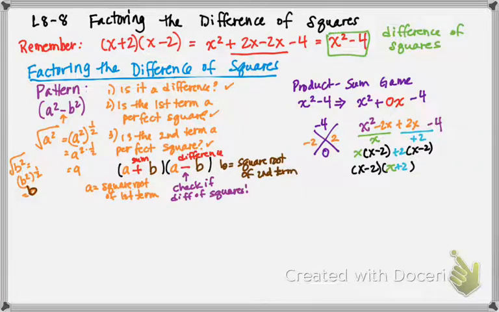Okay, so if you recognize it is a difference, the first term's a perfect square, the second term's a perfect square, so I'm going to take the square root of the first term, put it in front of both binomials. I'm going to take the square root of the second term, put it in the back of both binomials, one sum, one difference. Okay, so let's see if we can manage to get all of these on here. Maybe, maybe not.